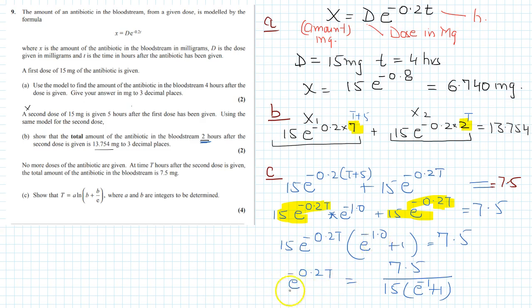If I take log of both sides, minus 0.2 t is equal to ln of 1 over 2 times 1 over e plus 1, since e to the power minus 1 is 1 over e.